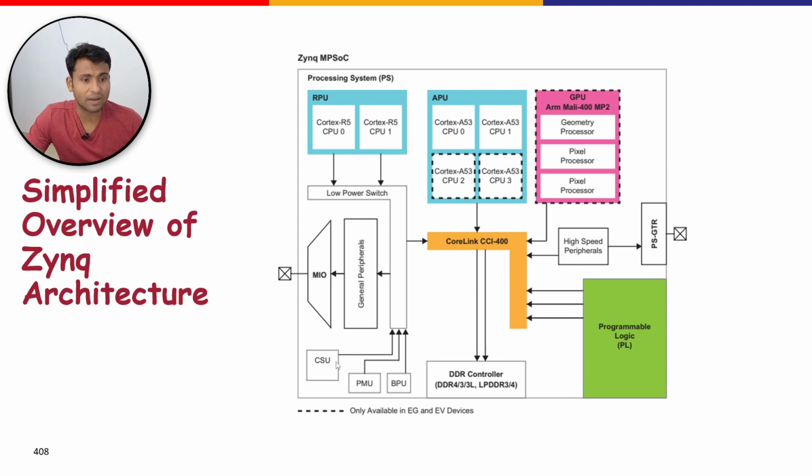And there is also a battery power unit, which helps for efficient battery optimization. So in addition to the physical processing resources within the PS, power domains and communication paths between the processing elements are also of great importance, which are not highlighted in this particular diagram. So now let's dive into one of the most important parts of the PS, which is the application processing unit.